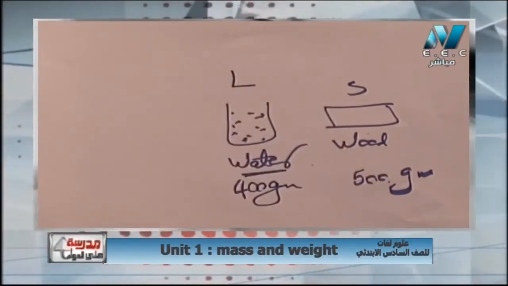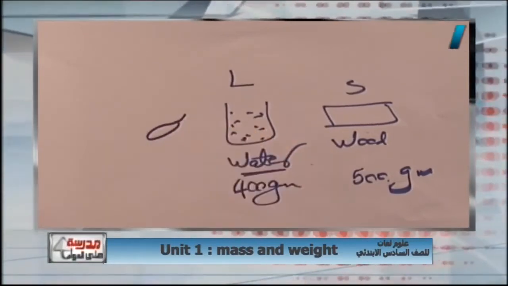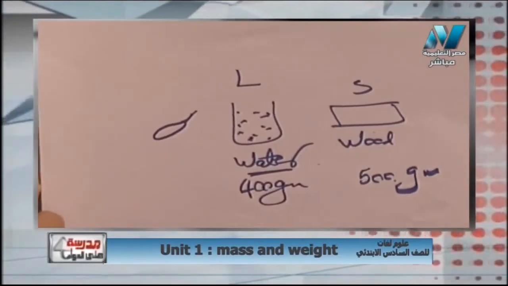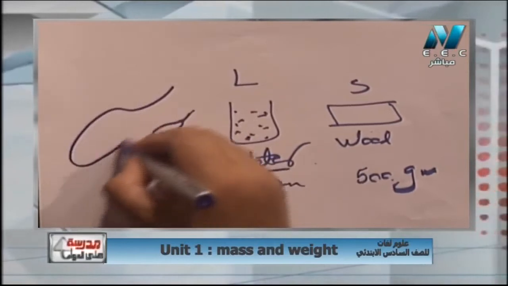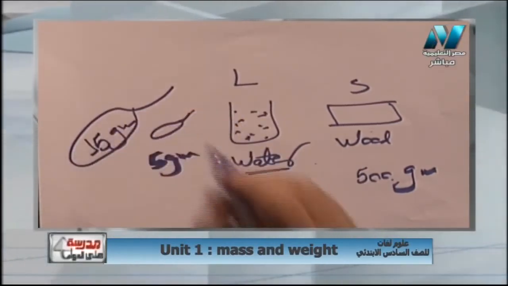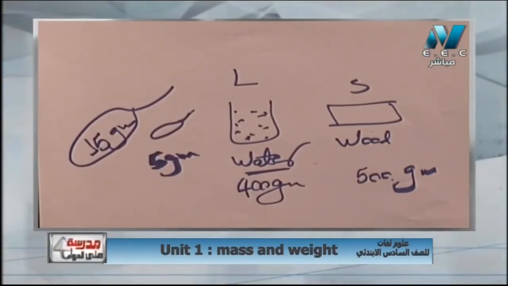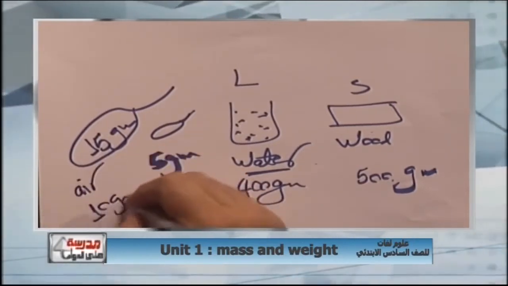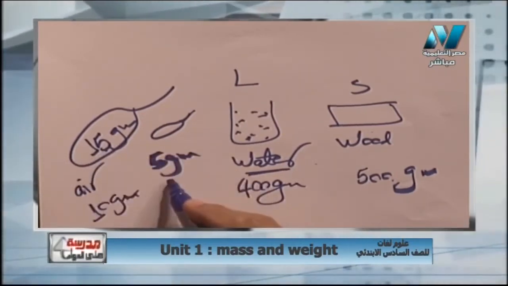So what about air? Does air have mass? For example, if you have a balloon like this that isn't full of air, and the balloon is 5 gram only. If you blow air in it, it will be, for example, 15 gram. So the mass of air inside the balloon, sure it has mass. The balloon alone was 5 gram, and when we put air in it, it became 15 gram.